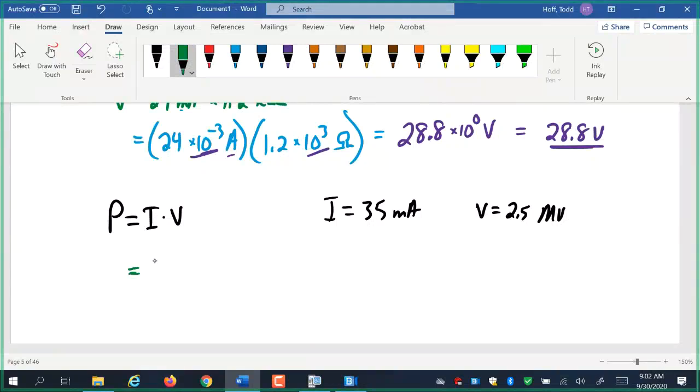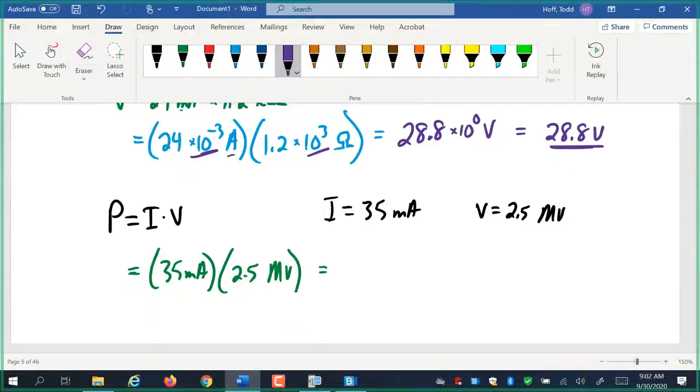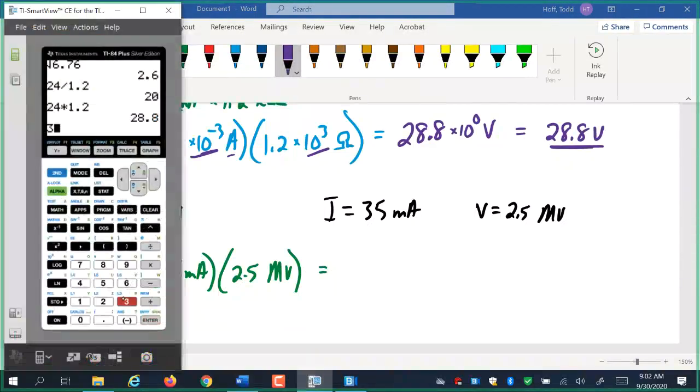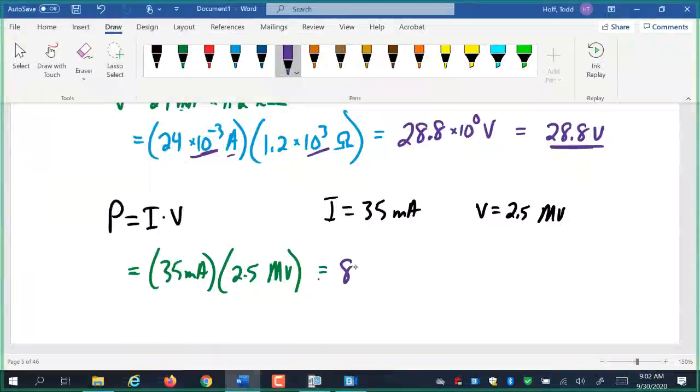So we have 35 milliamps times 2.5 megavolts. We do 35 times 2.5, which is 87.5. Now it's okay to have two digits because it's engineering notation. We can have 1, 2, or 3 non-zero digits in front of our decimal point.